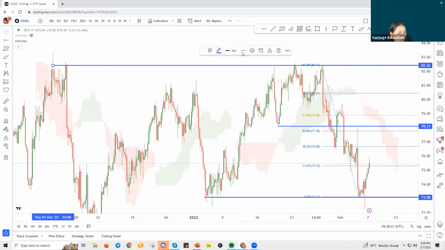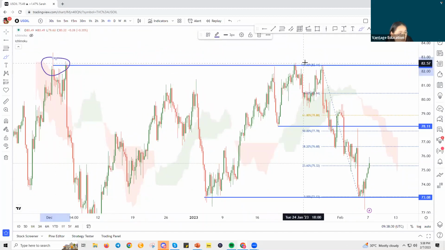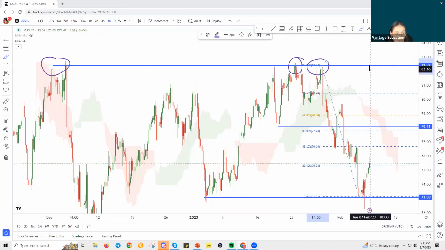So we can see there have been 1, 2, and 3 significant swing highs. Three significant swing highs at this level. So this makes it a significant resistance level.